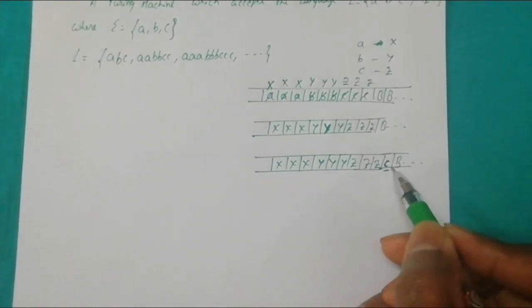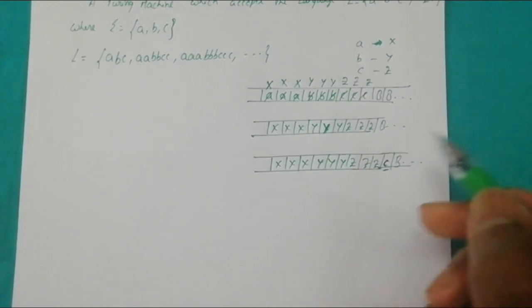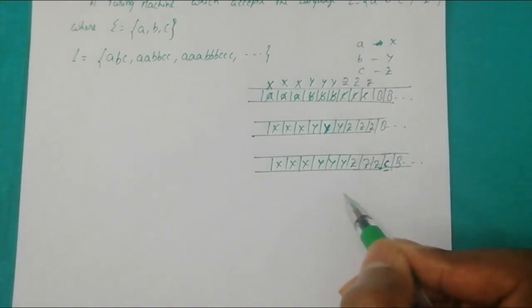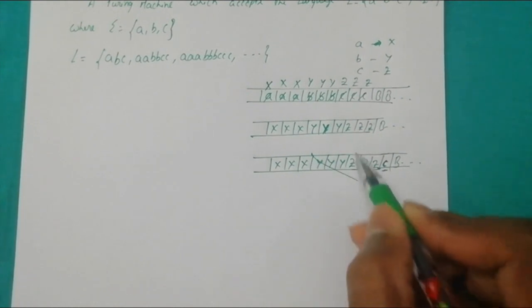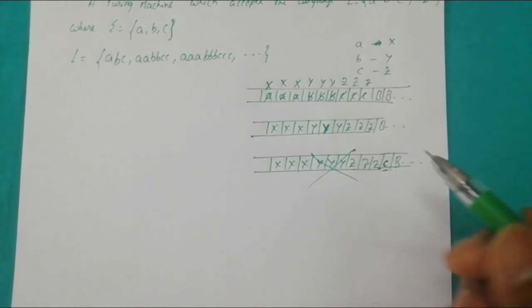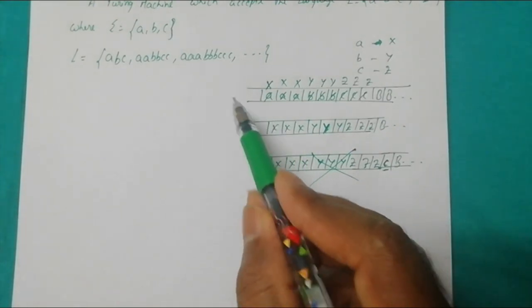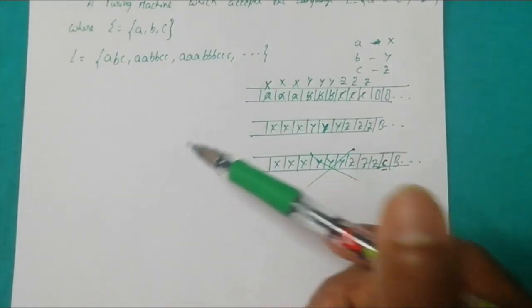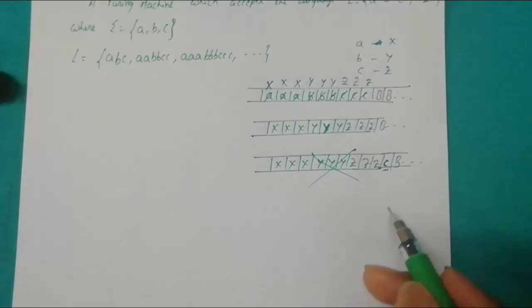That means the number of c's is dominating the number of a's and b's. This type of string is not accepted by our Turing machine because it doesn't belong to our language. We have to accept only strings which contain n number of a's followed by n number of b's followed by n number of c's. Other than these strings, we should not accept any string.